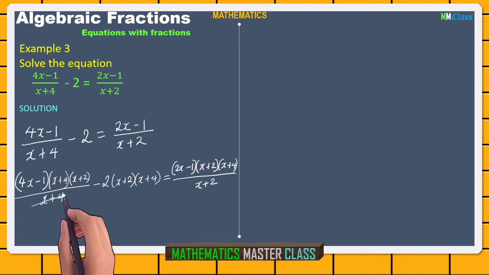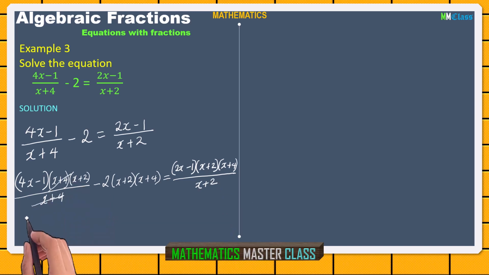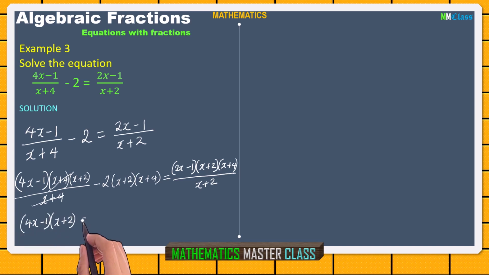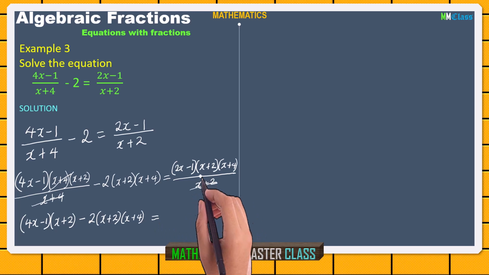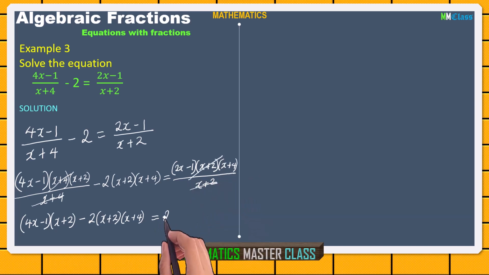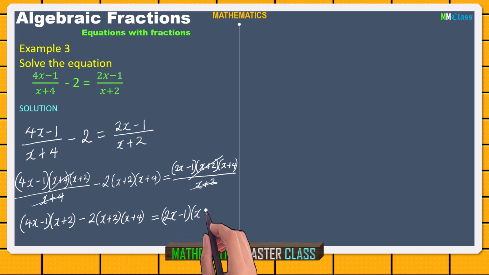So this cancels out this, and we're left with 4x minus 1 times x plus 2, minus 2 open bracket, x plus 2, then x plus 4, is equal to, this cancels out this, so we are now left with 2x minus 1 times x plus 4.